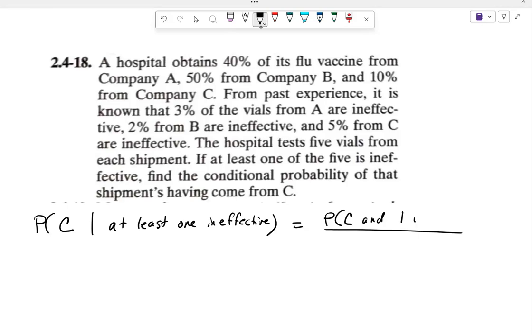I'm just going to write 1 ineffective, but remember we need to do at least 1 ineffective, right? I just don't feel like writing a lot of letters. And then what goes on bottom? Oh, actually, you know what? I'll just put a greater than or equal to sign in front of my 1.